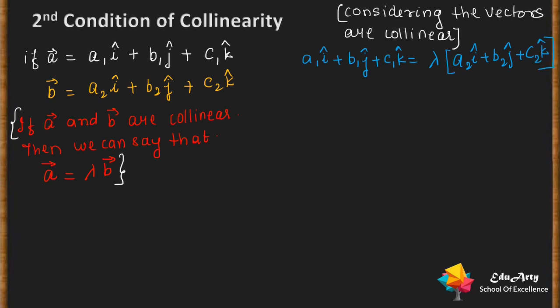Correct? If we open the bracket on the right hand side, we will get a1 i cap plus b1 j cap plus c1 k cap equal to lambda into a2 i cap plus lambda into b2 j cap plus lambda into c2 k cap.